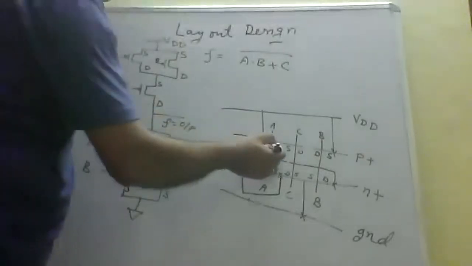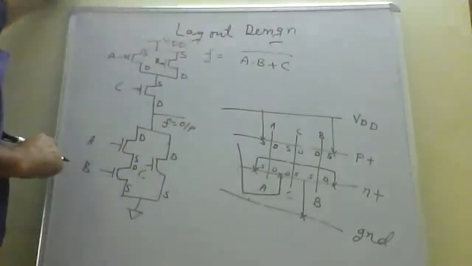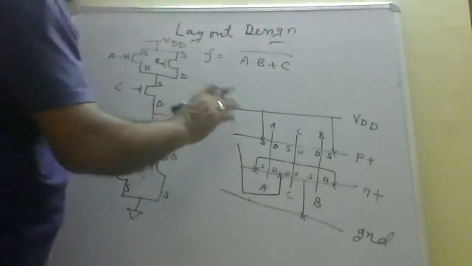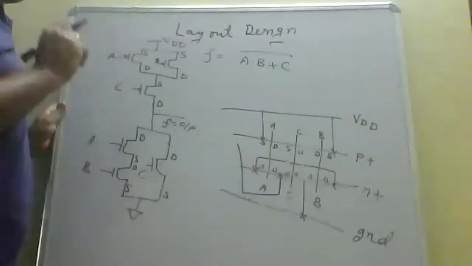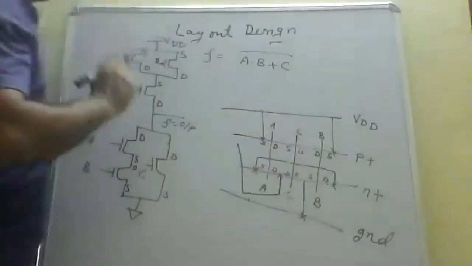We can choose any. If I choose this drain of A, the same problem will occur, right? So how to remove this problem? This is called choosing the polysilicon in a particular way so that there will be no breakage of P plus.